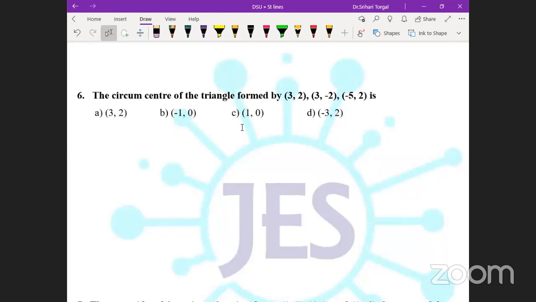No, Yeshu and Varun, it is not option A because they have asked you to find out circumcenter, not orthocenter.